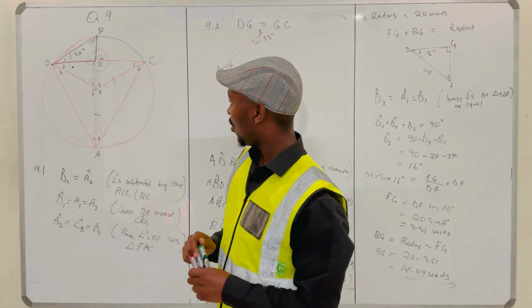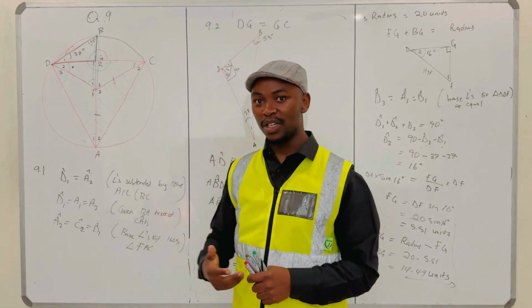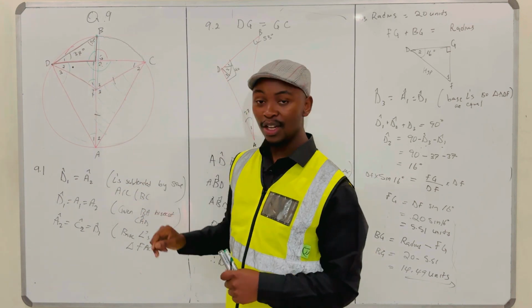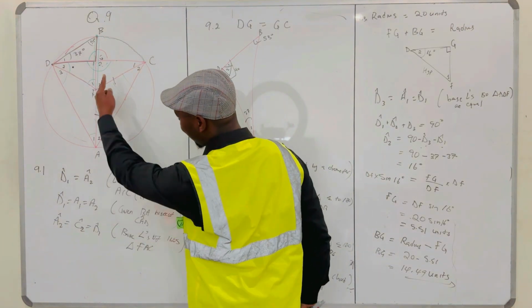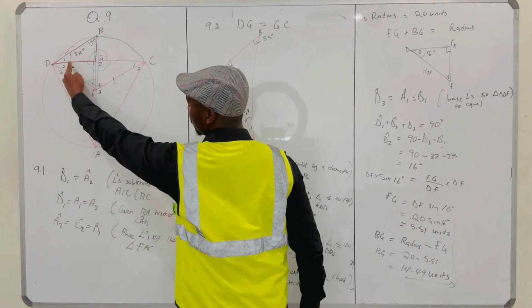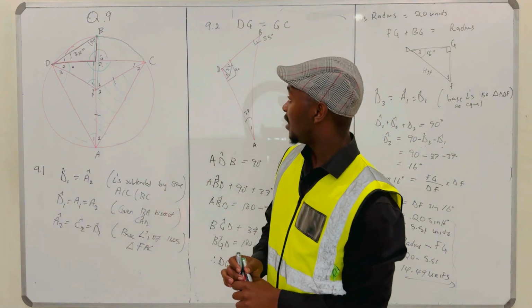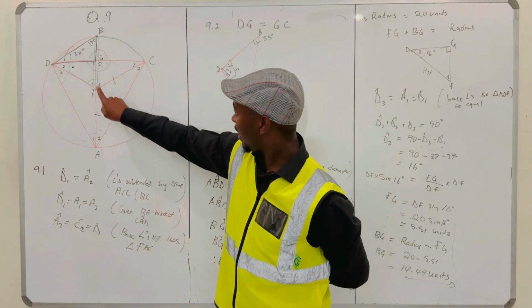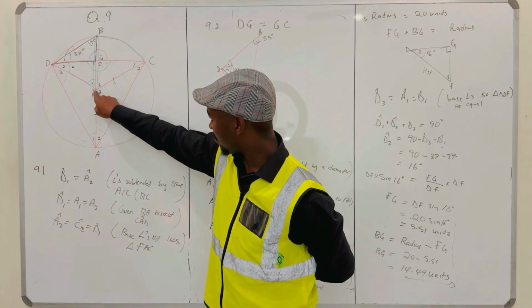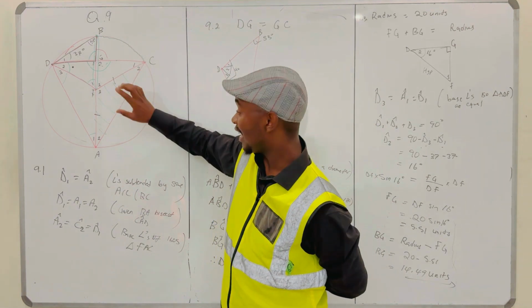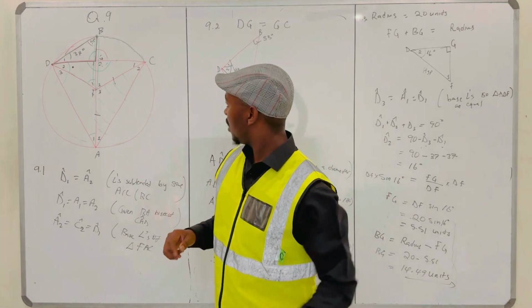If you grow with the question, you'll see that we're meant to prove that DG is equal to GC, which means that if this line is drawn to divide these two lines equally, and you draw a line from the center to the corner of that very same chord, that line is called the radius.